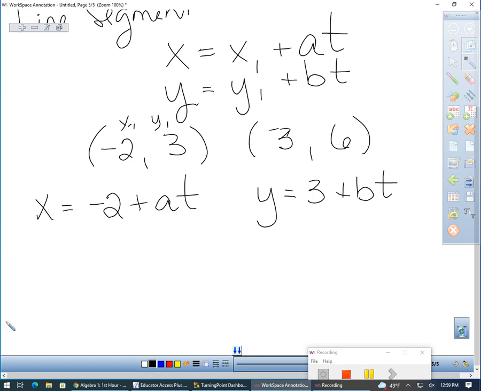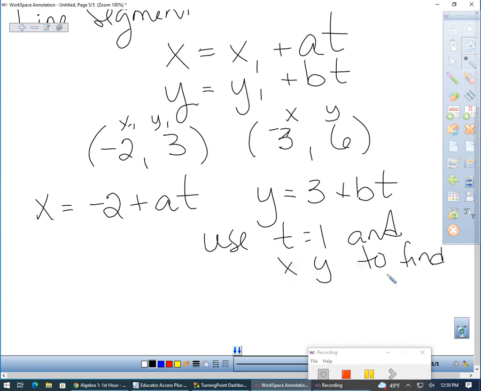I want you to plug that in for t. T is going to be 1. And again, we're going to use our second point as our x and y to solve for t. So solve for a and b. Use t equals 1 and x, y to find a and b.